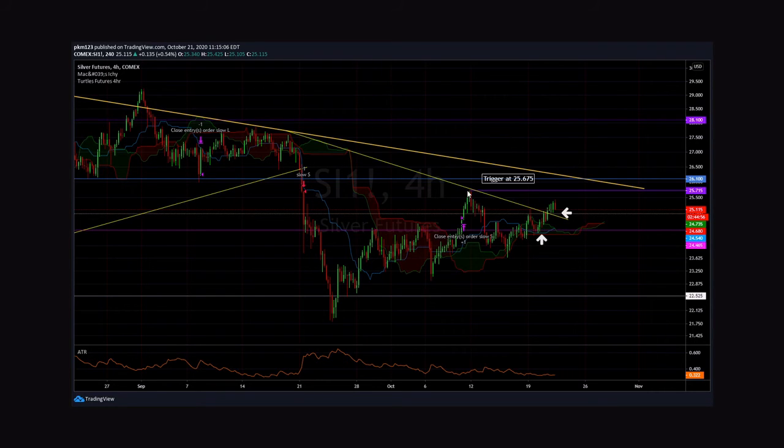Typically what will happen is when we break this 25.71, the price will shoot up higher as the stops get triggered on the other traders.